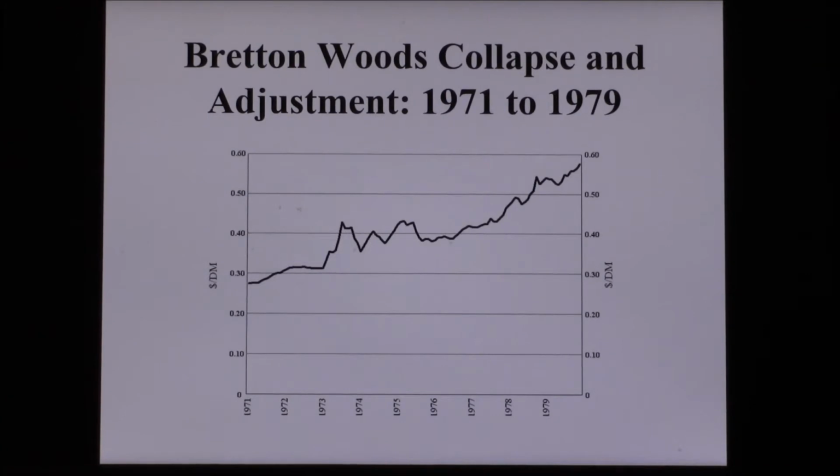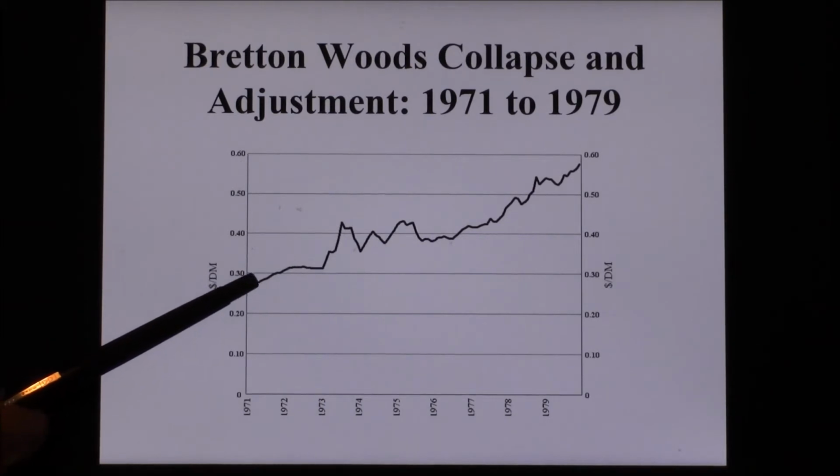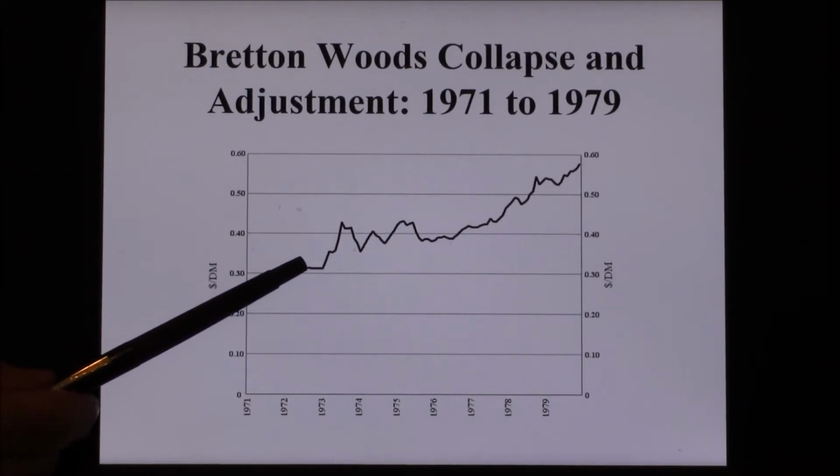So here I'm showing you the dollar-Deutschmark from 1971, and notice, it's depreciating from 71 to 73, but not by a real steep amount. And of course, these are during the fixed exchange rate years, so it's moving within a very narrow band, and the U.S. is devaluing.